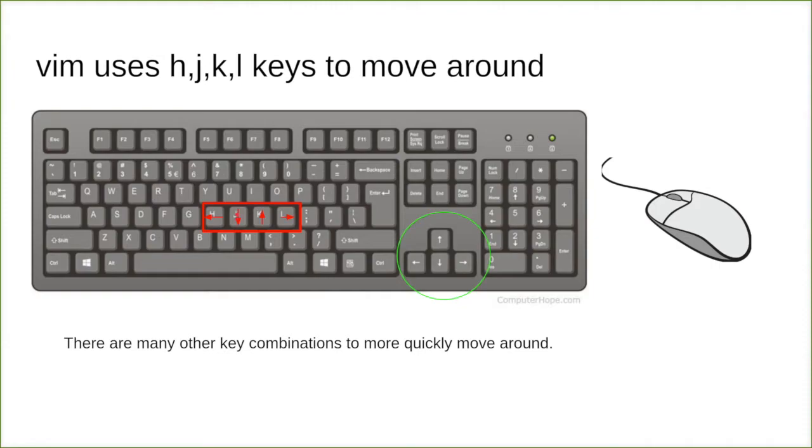So for a Vim user, to move downward, the instinct is to press the J key, right, your index finger, and then the cursor will move down. So your hand never leaves the main area of your keyboard. So you don't have to move your hand to the arrow keys, not to mention the mouse, right? So you avoid this travel between the mouse and the keys, and it actually saves you time if you spend a lot of hours editing stuff on your computer.